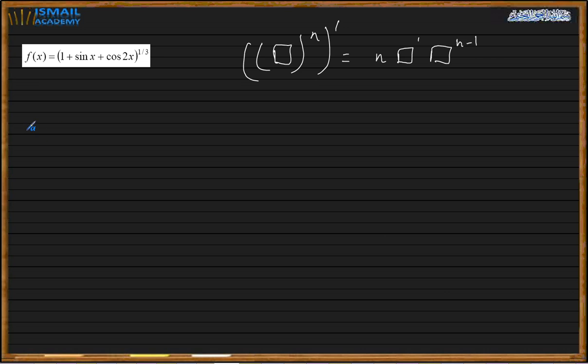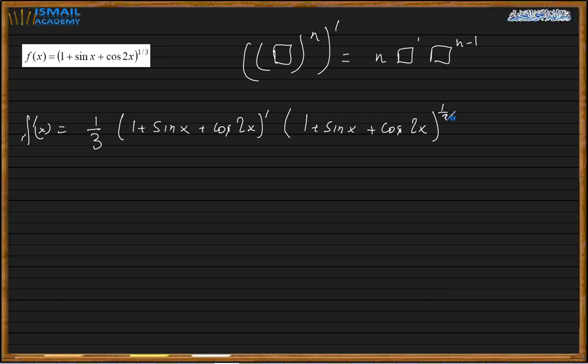So here f prime of x will be equal to 1/3, which is my n, times (1 plus sine of x plus cosine 2x) prime times (1 plus sine of x plus cosine of 2x) to the 1/3 minus 1.